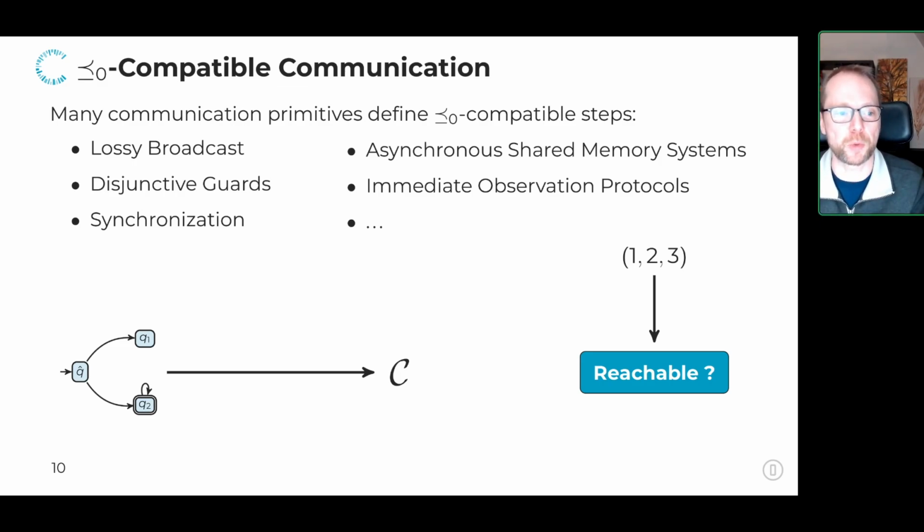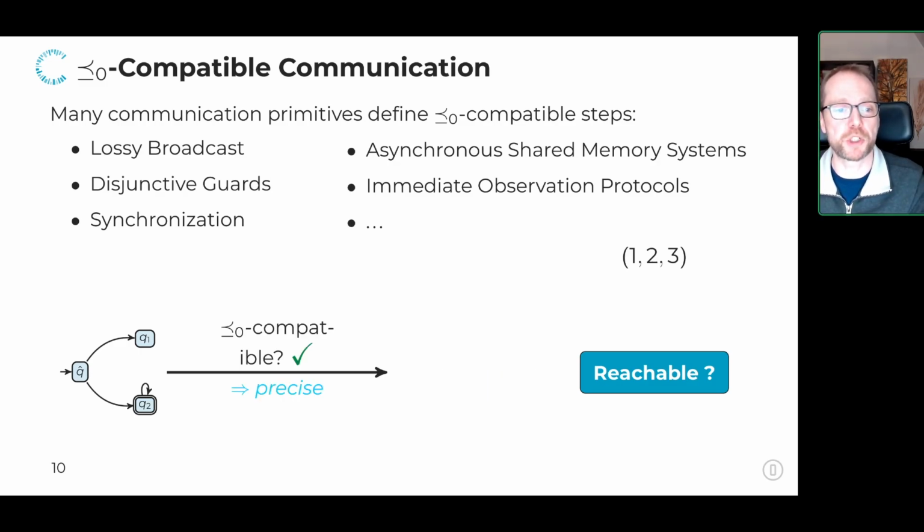Based on the lemma that I already showed you before, this means, well, if we wanted to do parameterized model checking for such a system in a naive way, we would construct a counter system which has an infinite state space, so checking reachability might not be decidable.